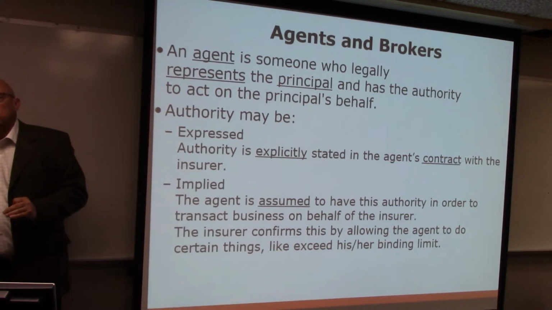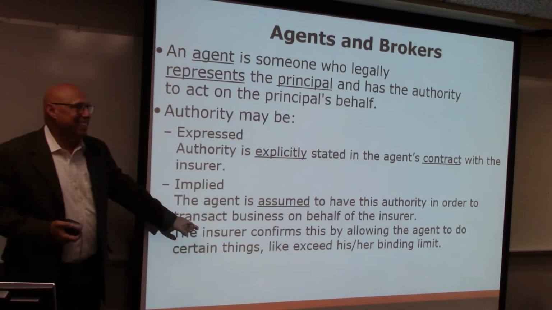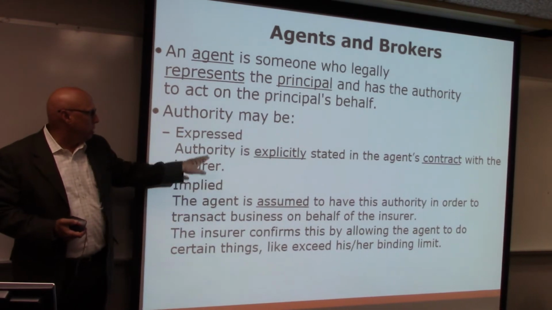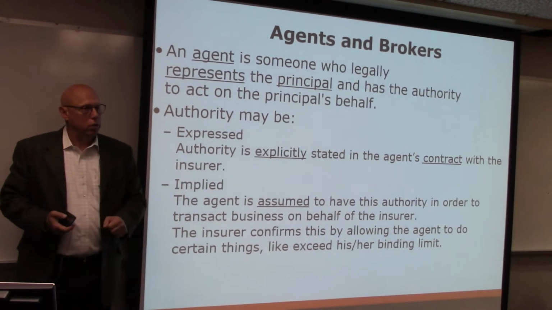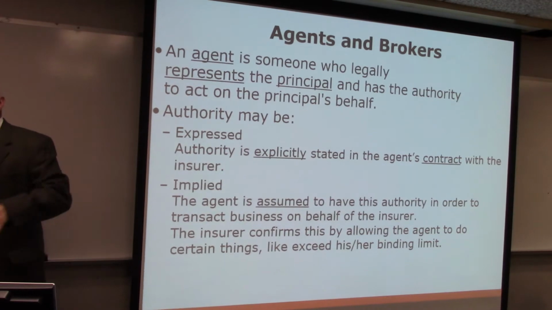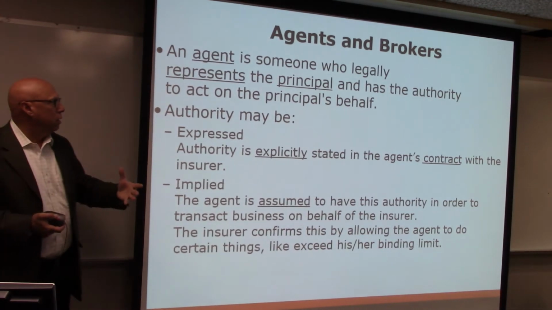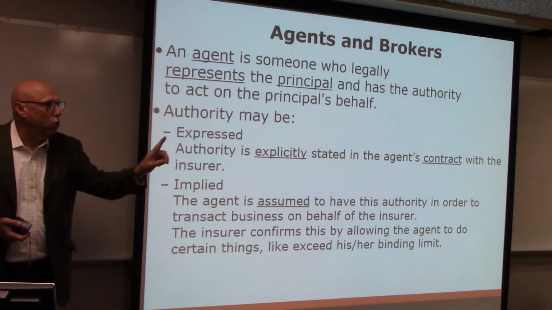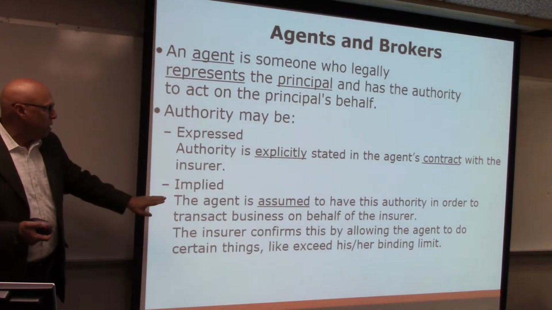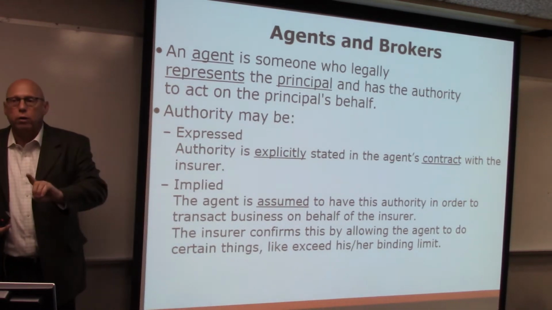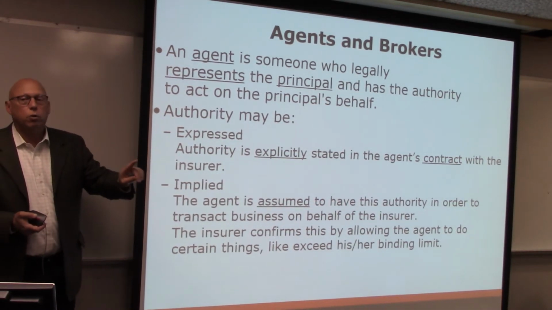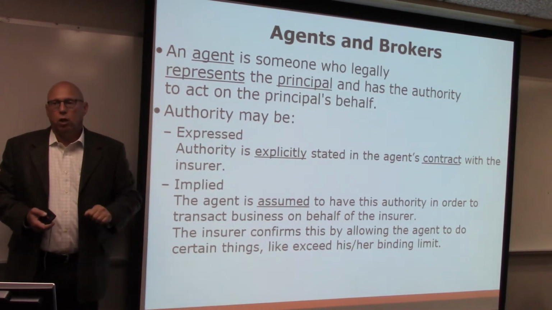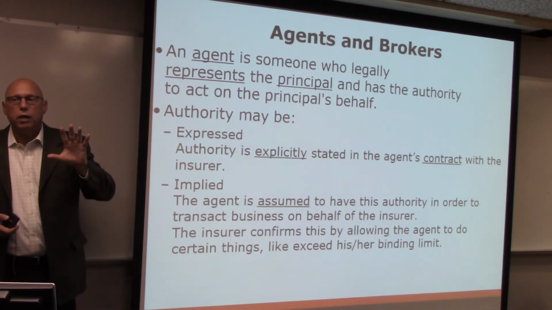What this means is, if an agent has done something that is not explicitly stated in the contract, and the insurance company allows the agent to do it and doesn't come back and say, no, you can't do that, then from that point forward, the agent and the customer can assume that the agent has the authority to do that.